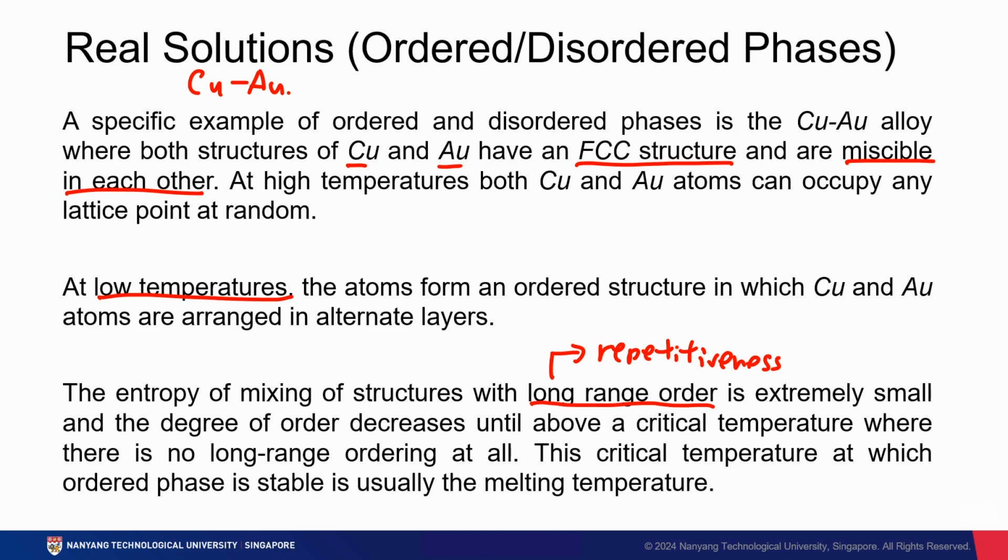So this is already extremely small in a copper-gold alloy. And past a critical temperature, usually the melting point, there is no long-range ordering at all, and copper and gold can be almost homogeneously interspersed with one another.